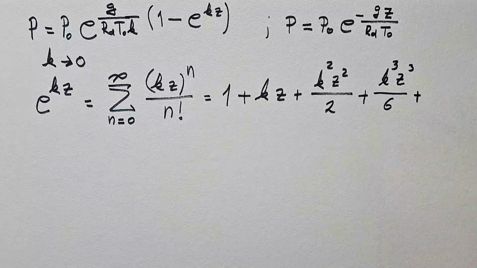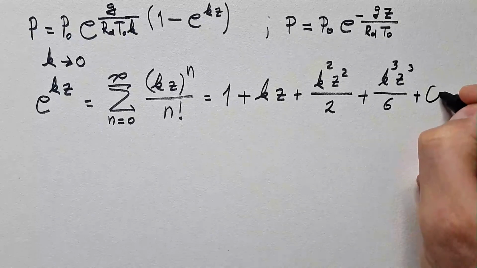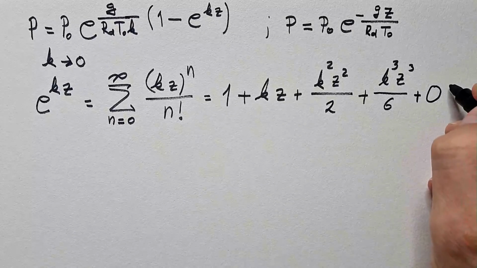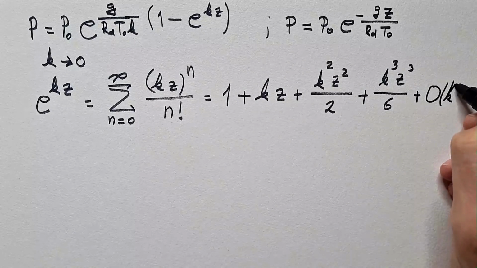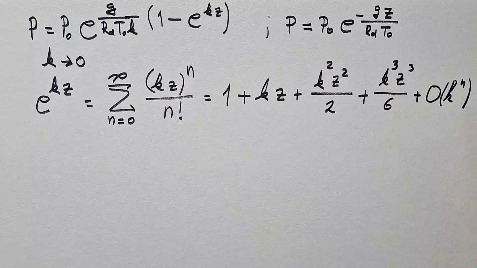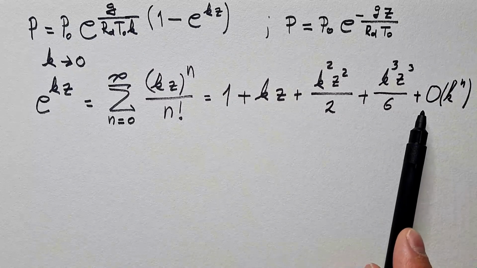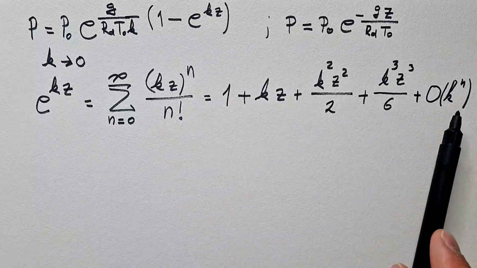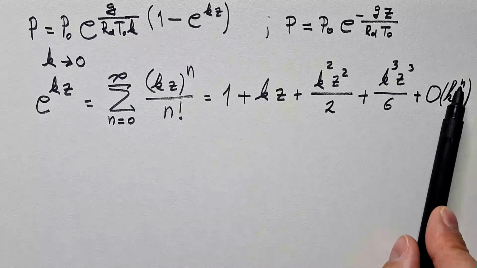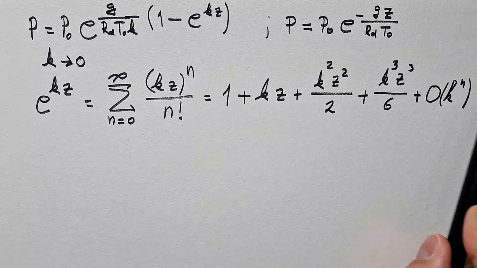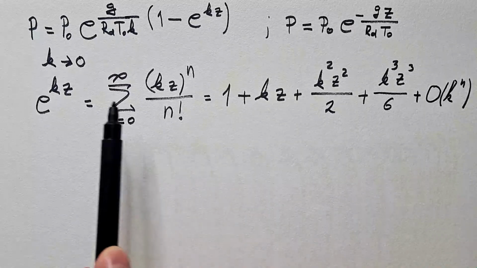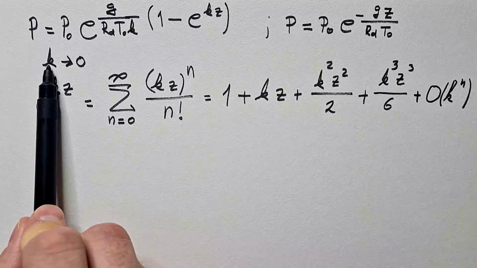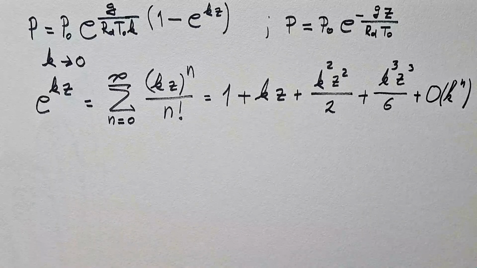And plus, we write capital O of k to the power 4. What this means is the rest here are terms of the power 4 and higher. Now, if we look into this expression, notice that we are interested in the case when k goes to 0.